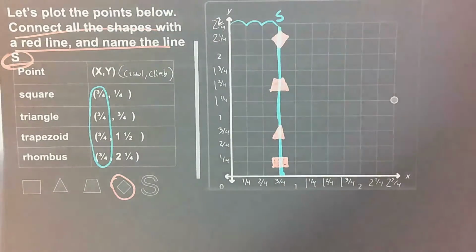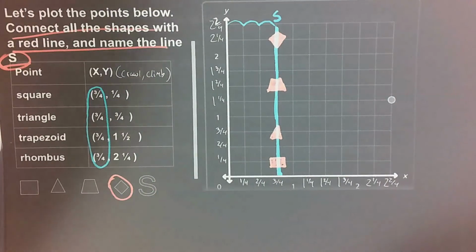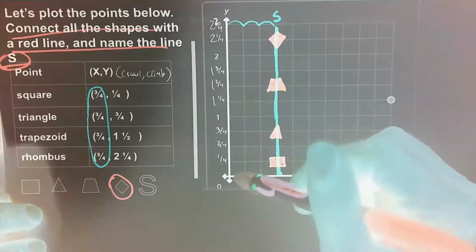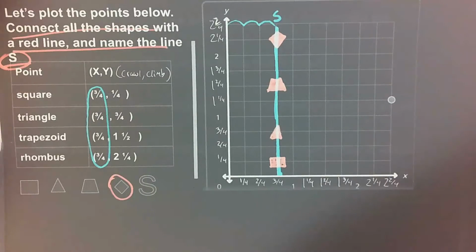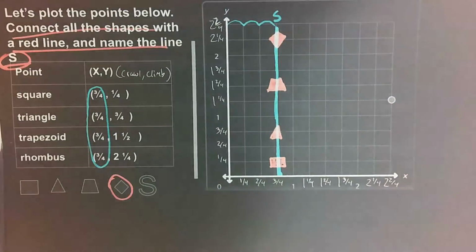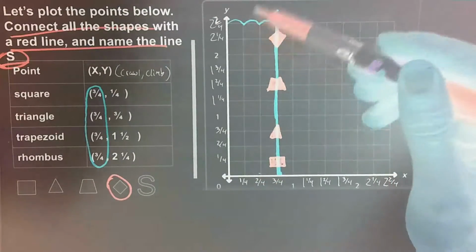Welcome back. I'm wondering if I inspired a little bit of a debate with how many units these two lines are from each other. Because when I first looked at it, I thought, okay, it's 1/4, 2/4, it's 3/4 of a unit away. But when it comes to coordinate planes, we think of our units as lines.